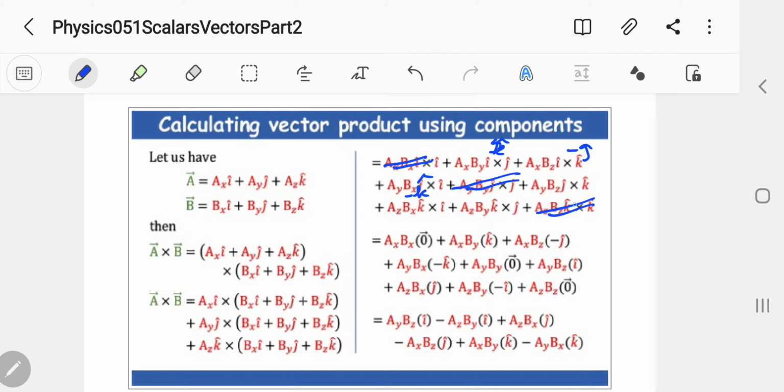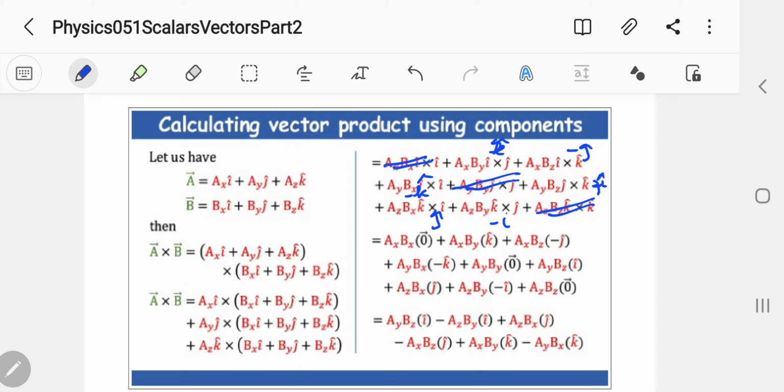And then j cross k would be i. k cross i would be j. k cross j is negative i. Sorry, I made a mistake: j cross k is positive i.